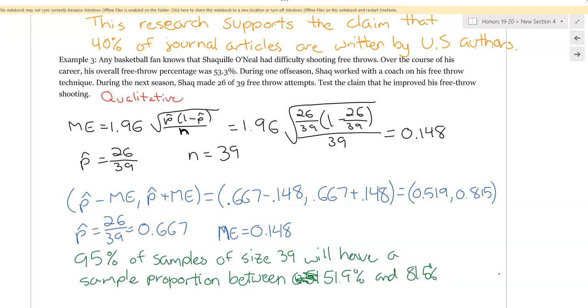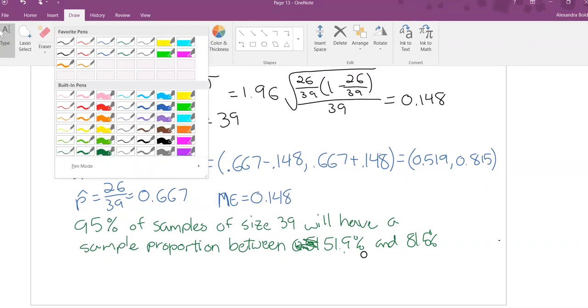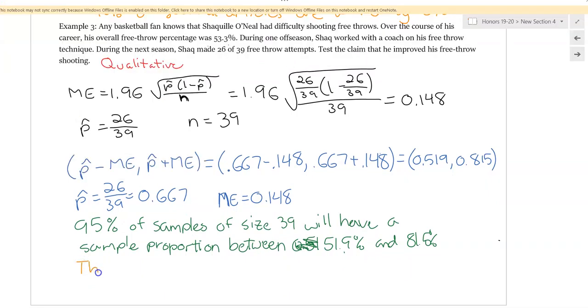Okay. So his overall free throw percentage was 53.3%, and it does fall in there. Okay? So he did better, but what we say is he didn't do statistically better. It might have been a good season, but it doesn't really mean that he really improved. So this data does not support the claim that he improved, right?